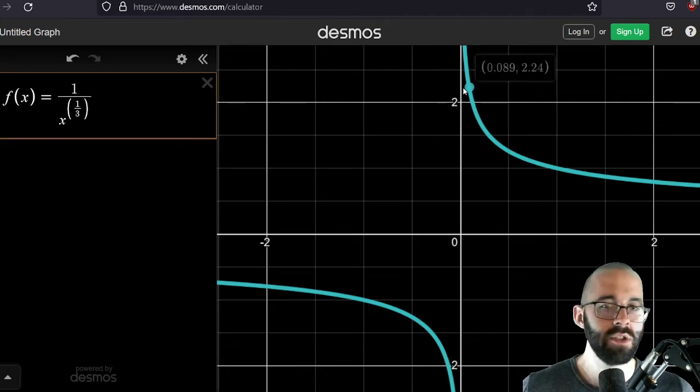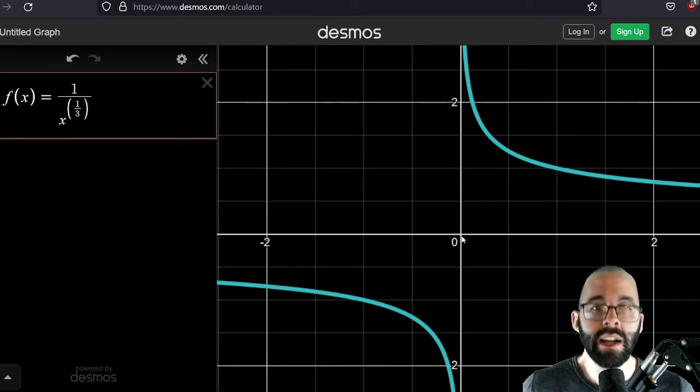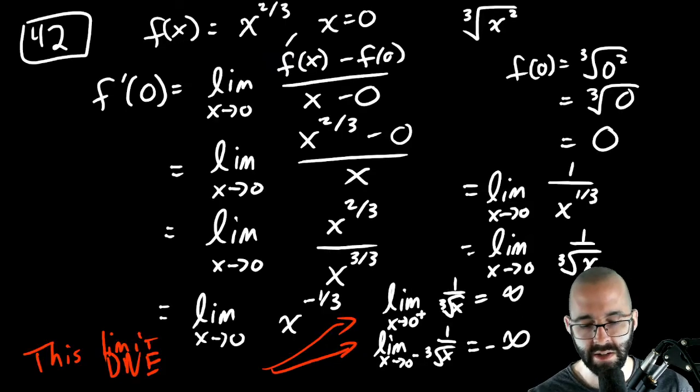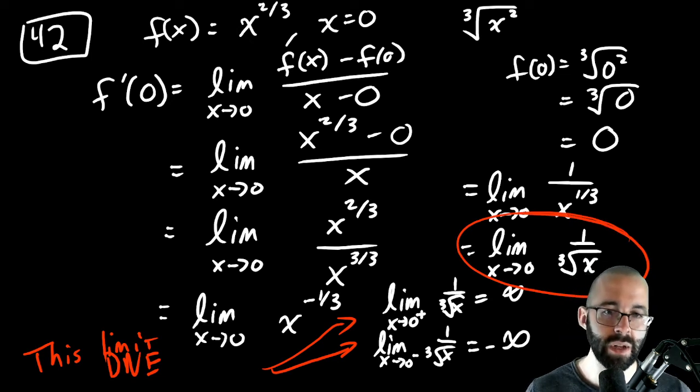From the right, it shoots off to positive infinity, and from the left, it shoots off to negative infinity. This limit at 0 does not exist. This is an infinite discontinuity. It's not continuous, it doesn't even exist. And the limits go off to infinity or negative infinity. This limit definitely doesn't exist because we can look at the graph.